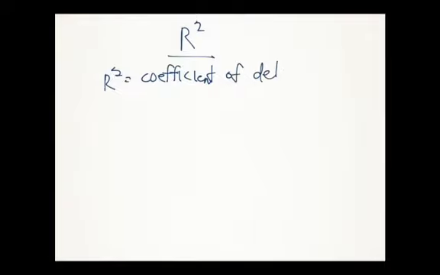Now let's talk about something called the R-squared value. Okay, so we found a relationship between age and BPF, but we haven't talked about how well our model fits the data. So we said that as age goes up, BPF goes down, but how well does our model fit the data? So there's this thing called R-squared, sometimes called the coefficient of determination.